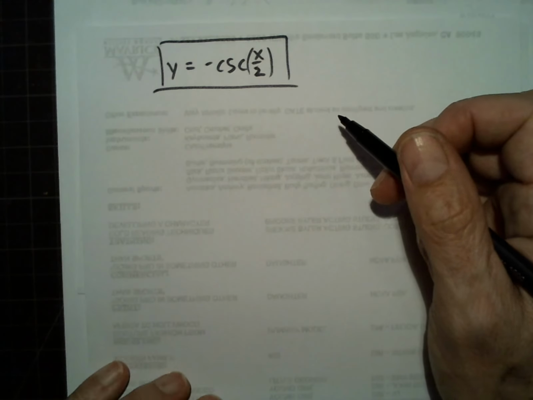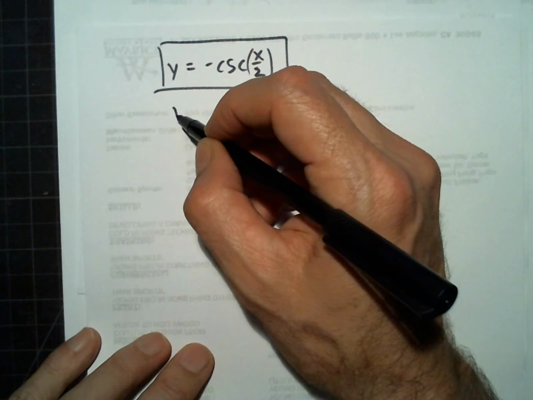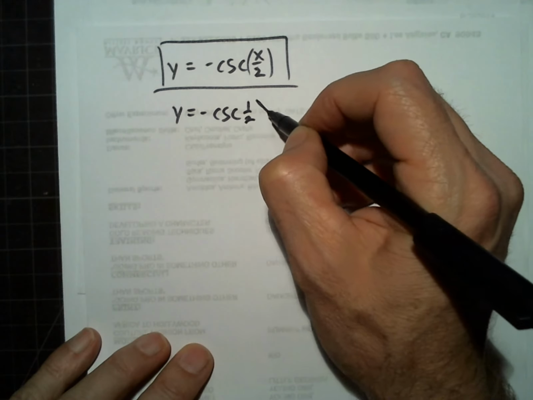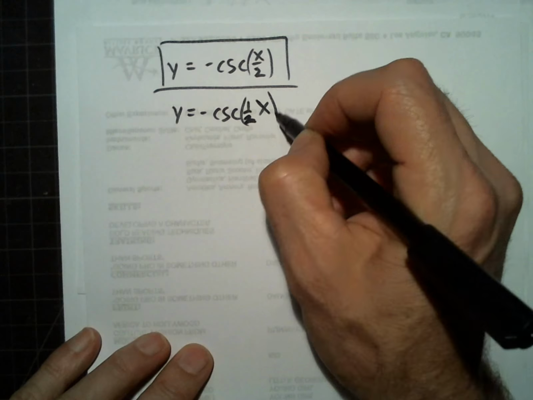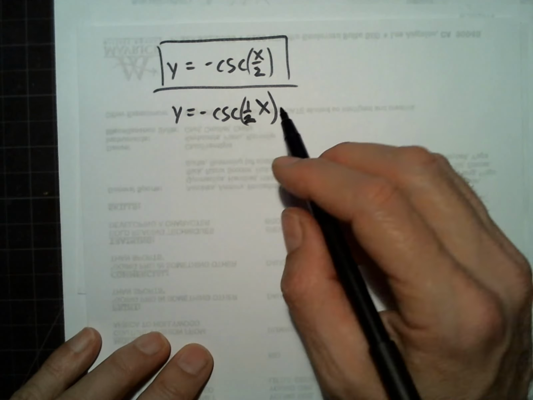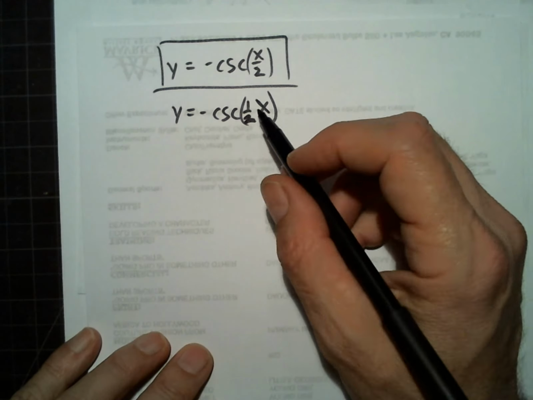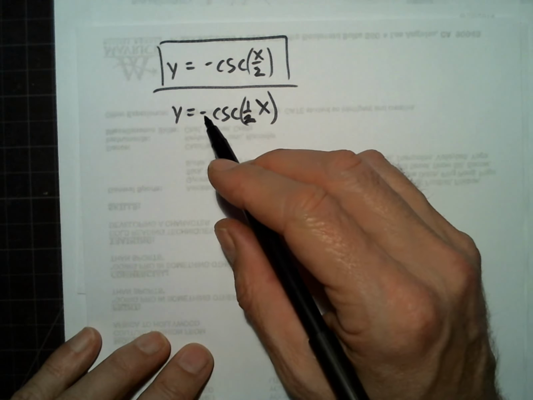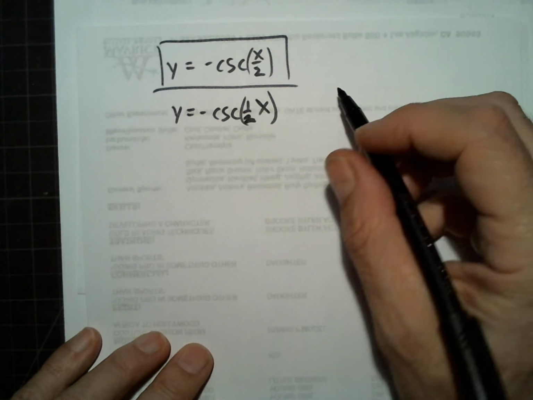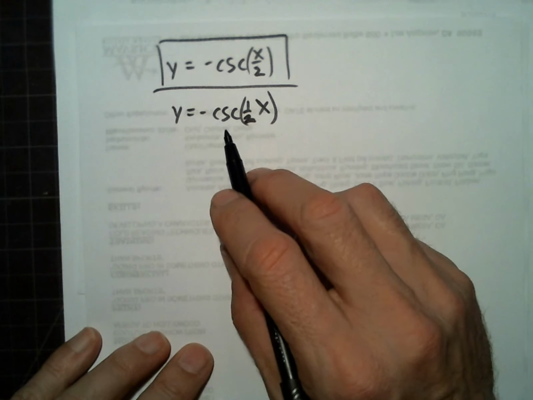Pause the video and try that one. So we have a 1/2 times x on the inside. That means we're going to divide all the x's by a half, or multiply by 2. We're also going to multiply the y values by -1. For cosecant, we just graph sine and then reflect it.